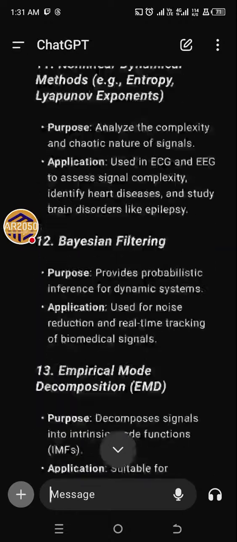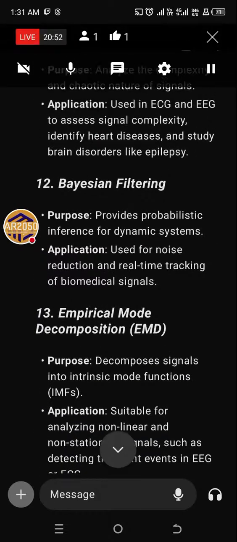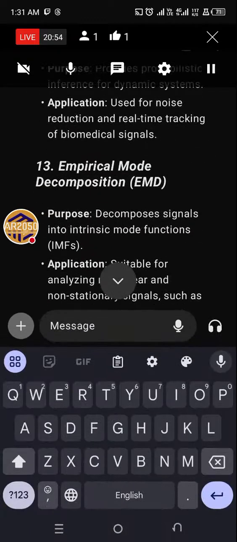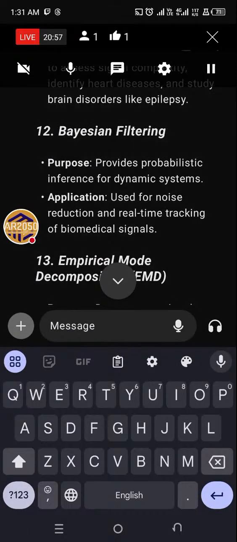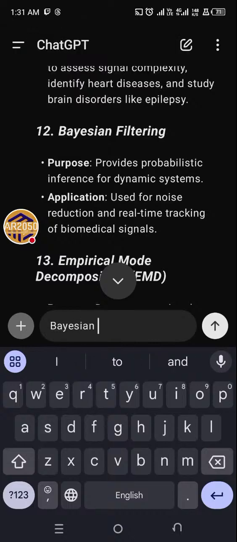I would like to explore further the Bayesian filtering. The Bayesian filtering is something new for me as well. I haven't seen the Bayesian algorithm in the filtering phase.